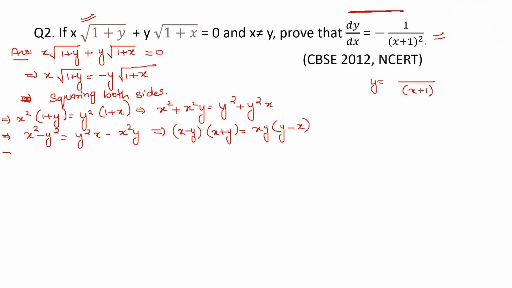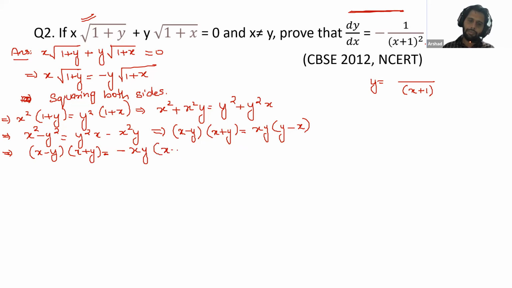Now we need to cancel this x minus y and this y minus x, so we will take negative common. So this is x minus y and this is x plus y is equal to, from this y minus x take negative common, so we get x minus y. So this x minus y and this x minus y we can cancel out.